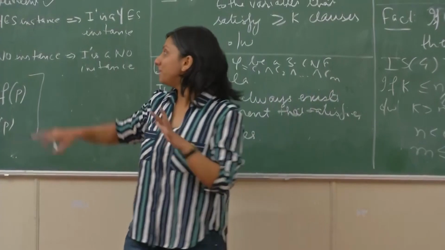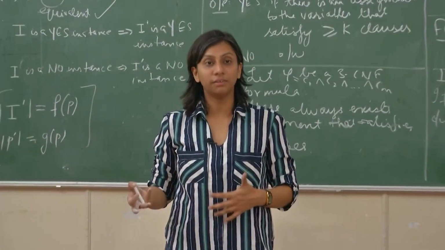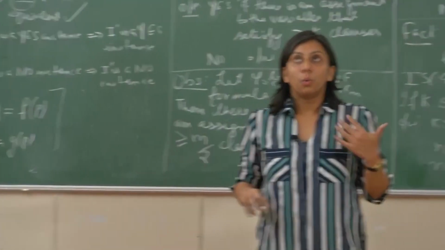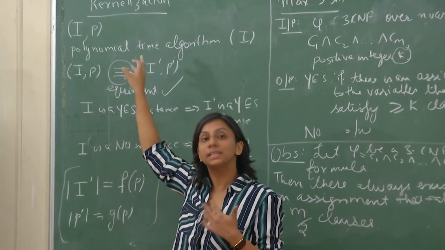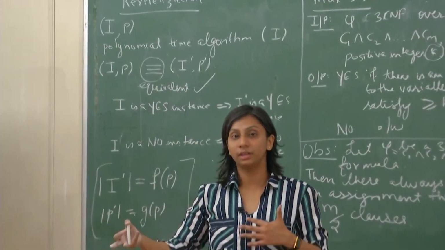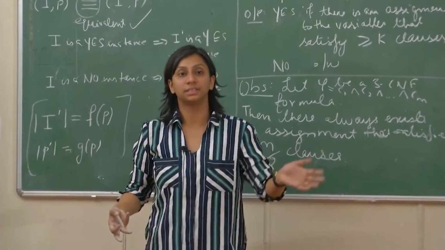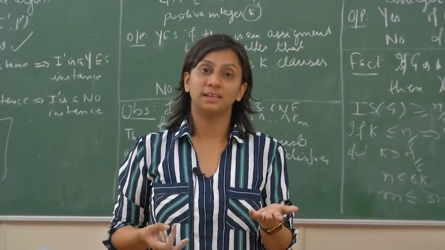But when I'm designing a kernel, do I really have to go look at the coloring of the graph? In other words, what will this polynomial time algorithm do? Will it first compute the coloring of the graph and then do something, or can it avoid computing the coloring and just conclude something? Looking at the parameter. Exactly the point.